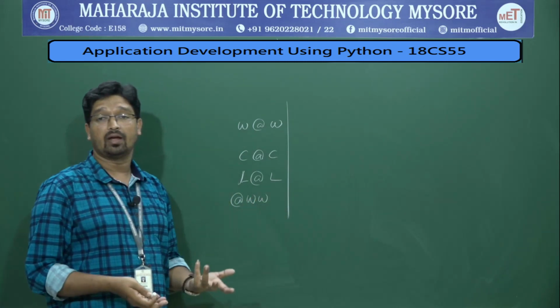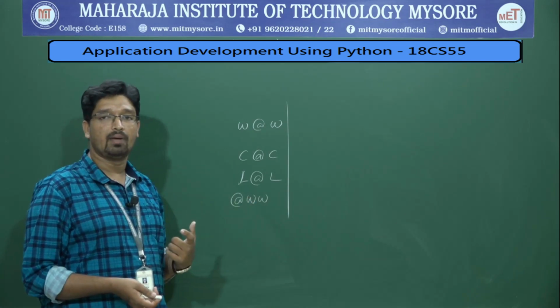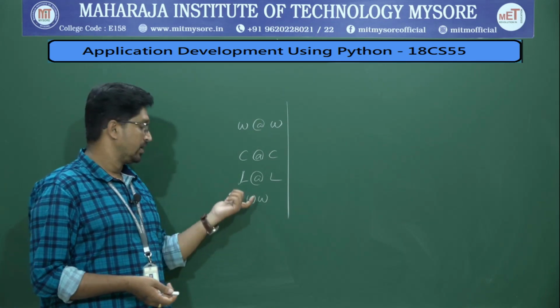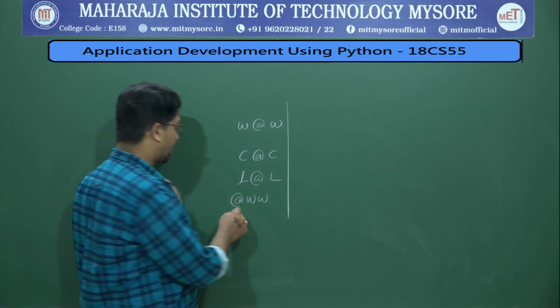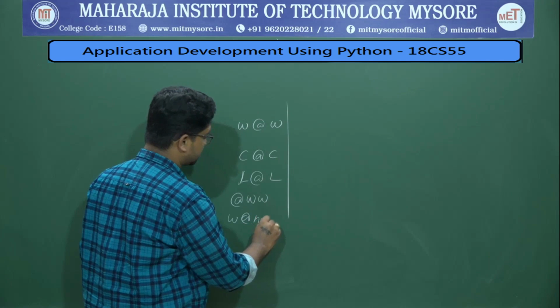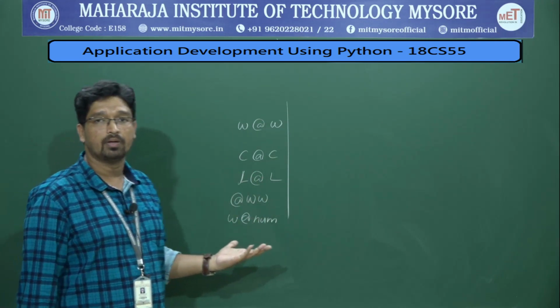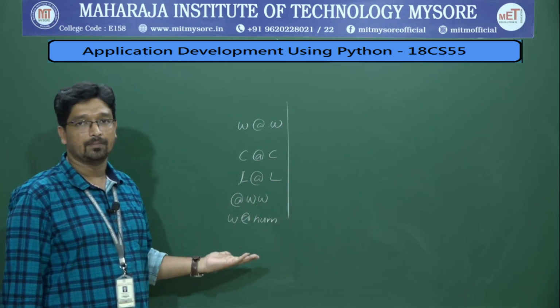Then it cannot be an email ID. Your regular expression should say that it is not a proper email ID. Assume that you have written some words, an @ symbol and some numbers after the @ symbol. Then again it is not a proper email ID.